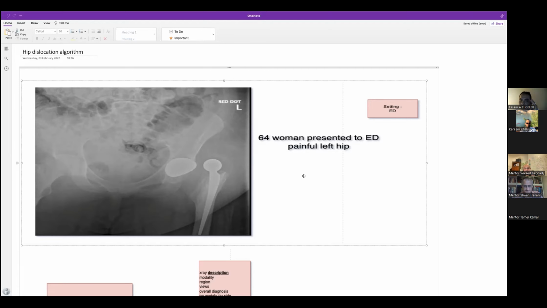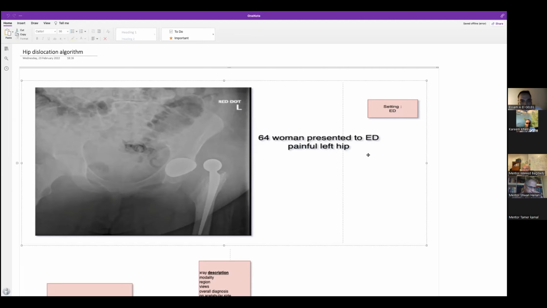This is an ED setting, and this lady is a 64-year-old woman presented to ED with a painful left hip. She had a left hip replacement done 6 months ago, and she is now in the emergency department. Tell me what you are going to do.